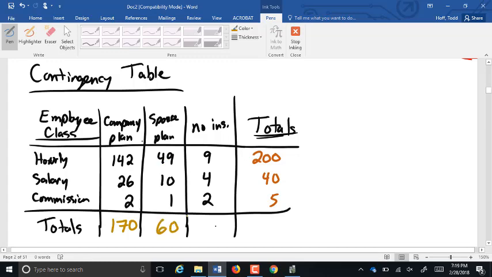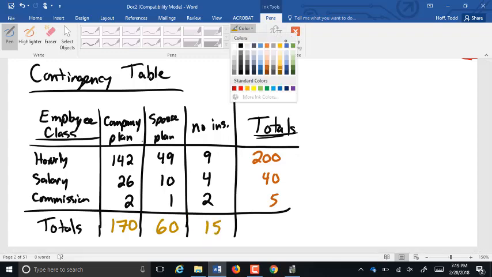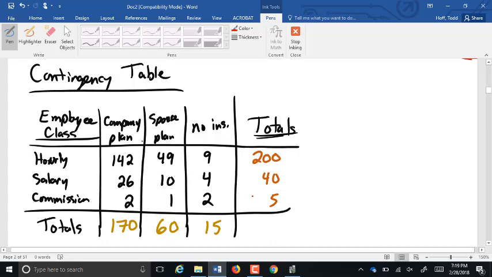And no insurance, 9 plus 4 plus 2 is 15. Now there has to be a grand total here. It better be the same in both directions. 200 plus 40 plus 5 is 245. Well, 170 plus 60 plus 15 is also 245. So just a way to double check.